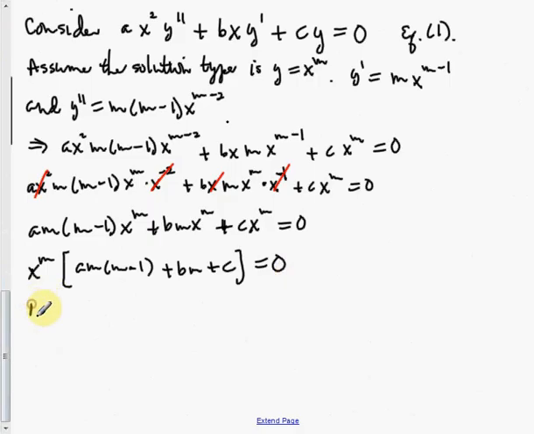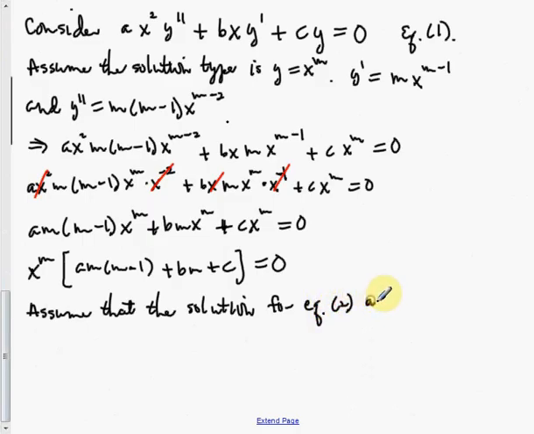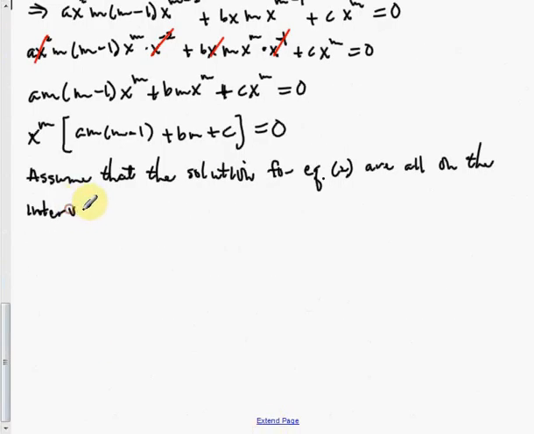So here, assume that the solutions for equation 2 are all on the interval from 0 to positive infinity.